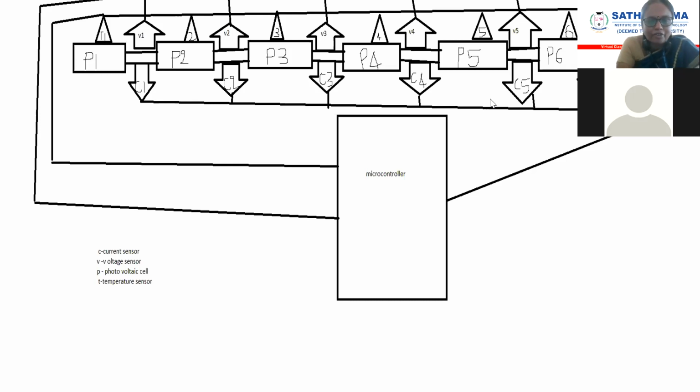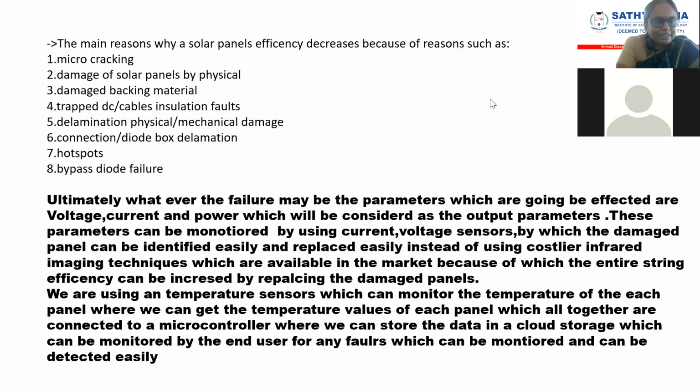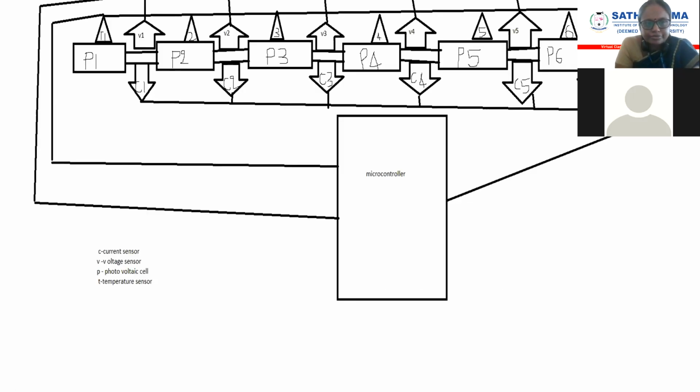So you have connected this to measure voltage and current alone. Ultimately, the solar panel's output parameters are those, but the input parameter is the sunlight itself, ma'am. And you have connected the temperature sensor also. Yes, ma'am.